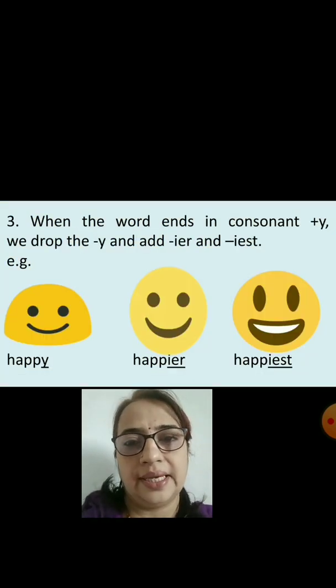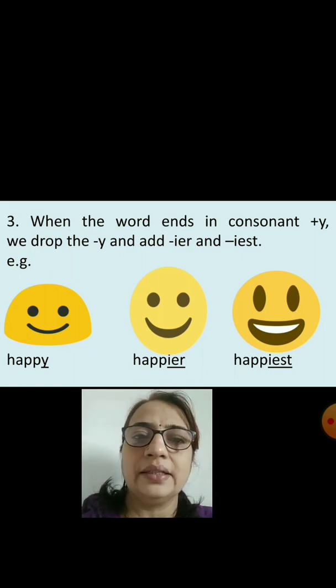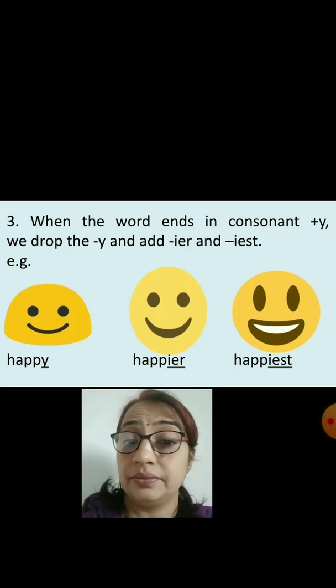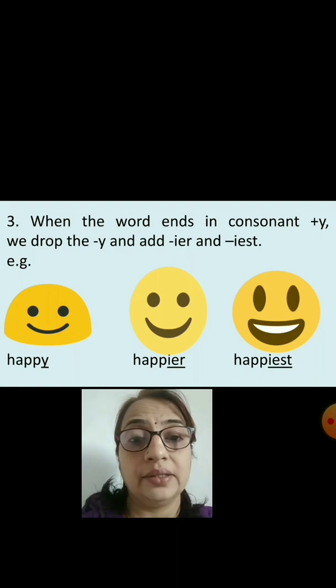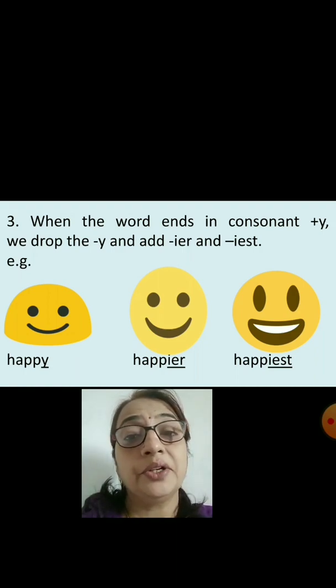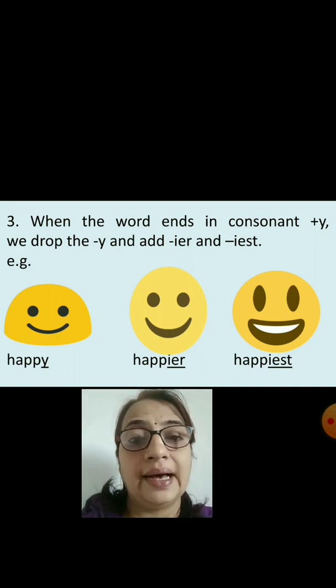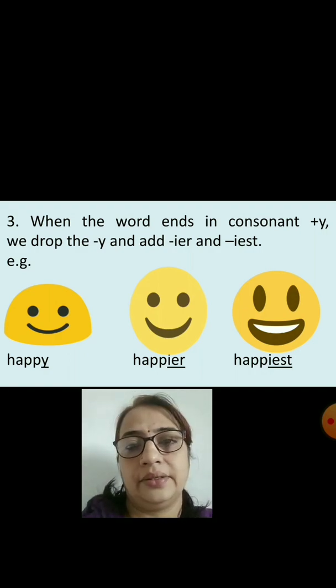Our third rule says when the word ends in consonant Y, we drop the Y and add IER and IEST. With the example see, happy.